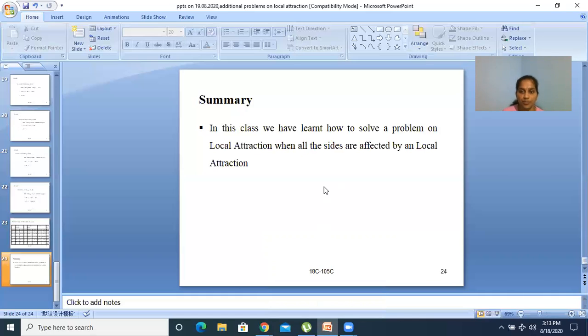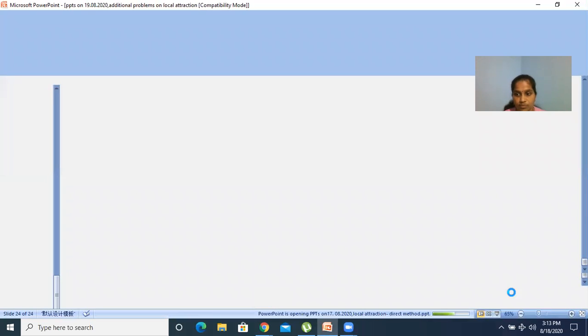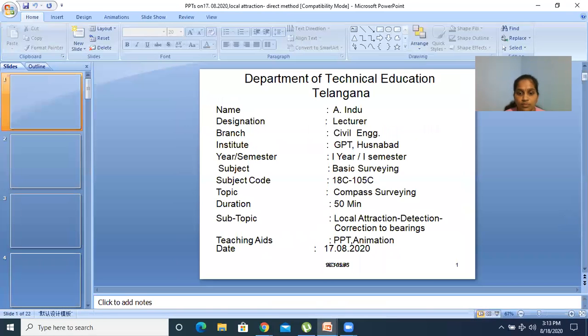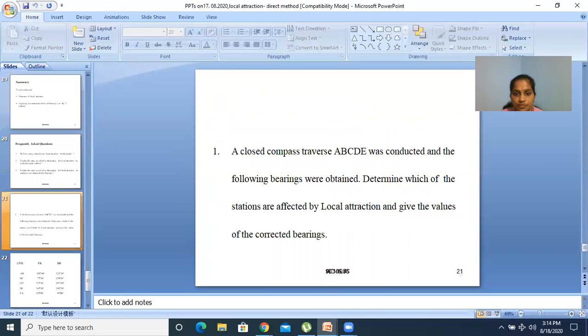Friends, you can note down the assignment. You can take this sum as an assignment and do it at home.